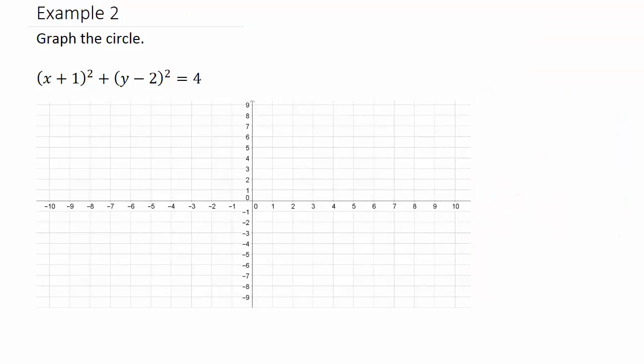Alright, so here we have the center. Now, you should know how to find the center and radius if you're graphing. Remember, the h and k have the opposite sign of what you see here. So h is -1, k is +2.